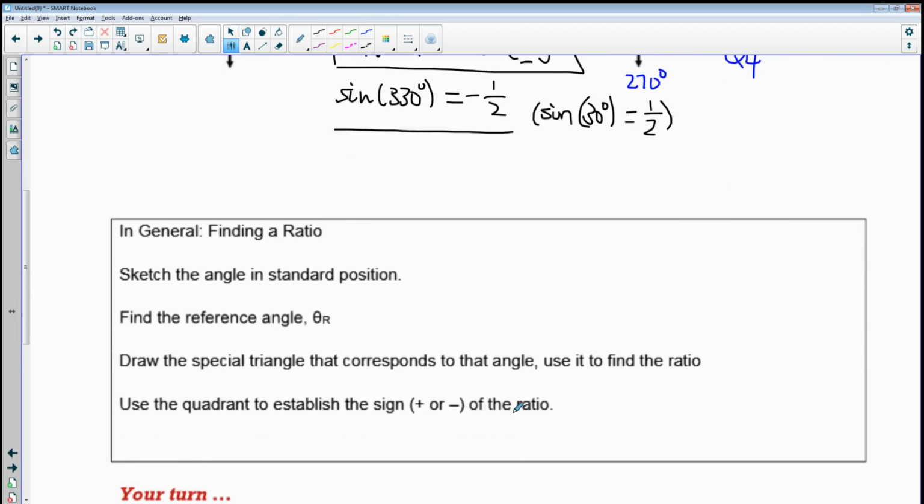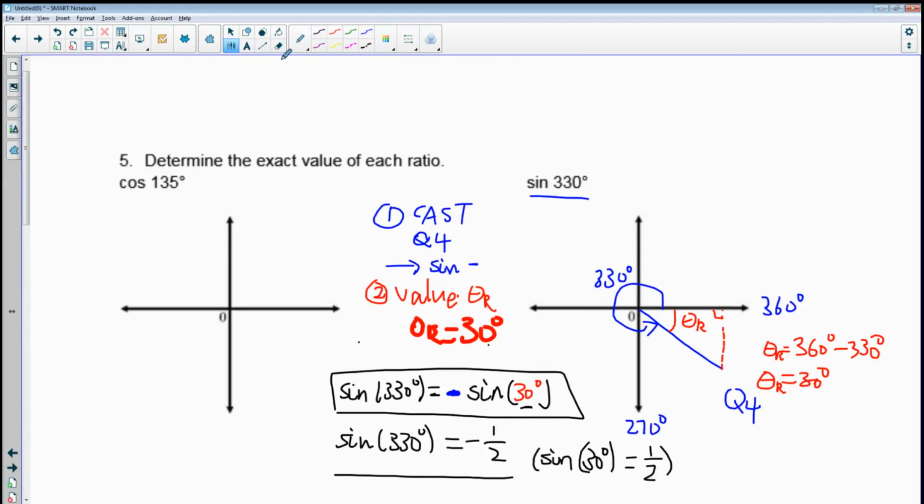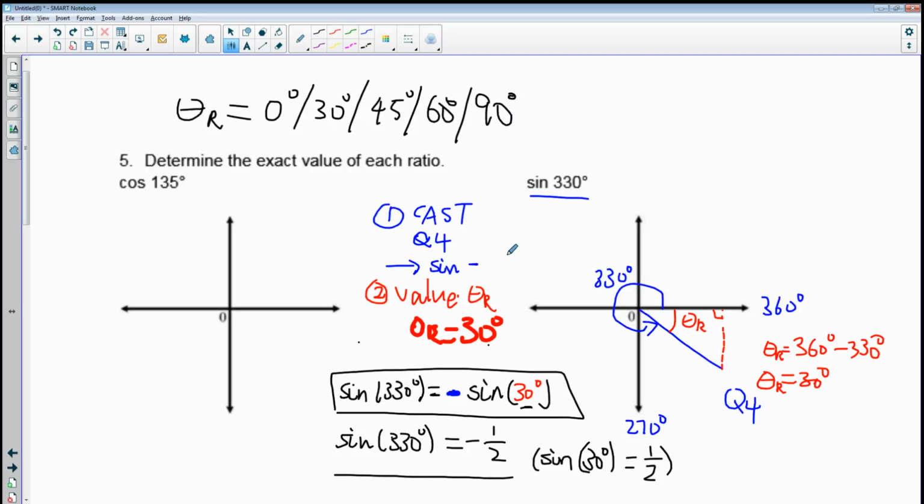You'll only be expected to find the trig ratios of these special types of angles. You now know the special reference angles are when theta r is equal to 0 or 30 or 45 or 60 or 90 degrees. Do you know the trig ratios?